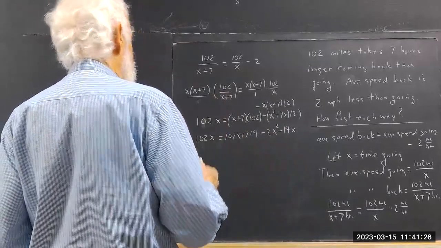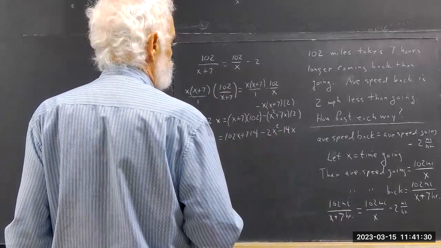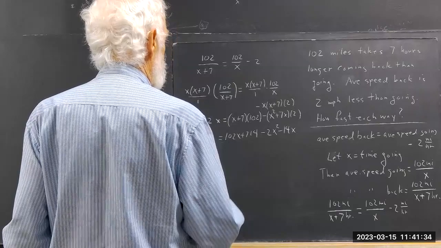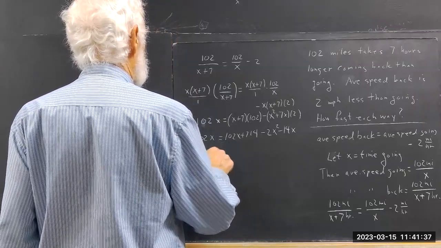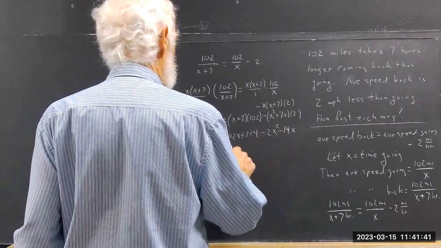Well, I'm not sure I want to do it all at once. Well, I'm going to do this. Okay, 102x minus 14x is 88x.